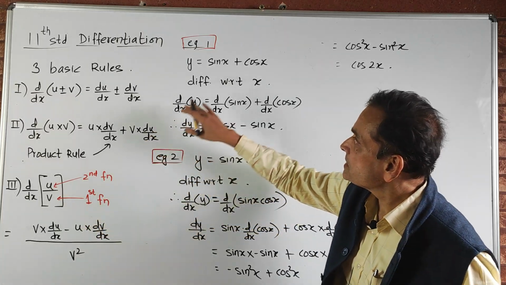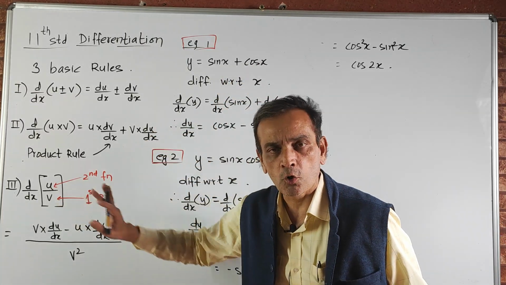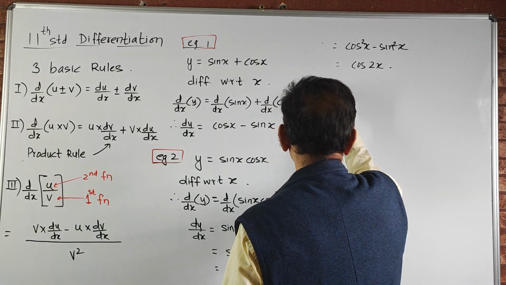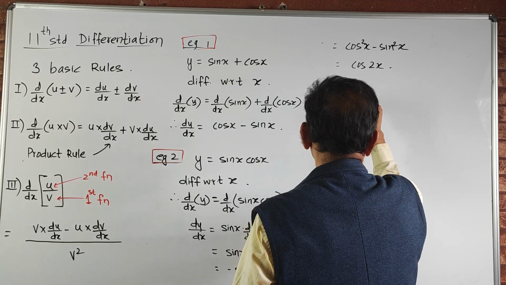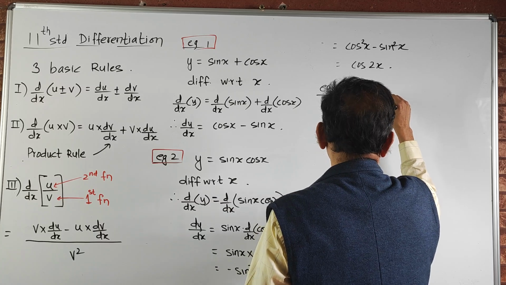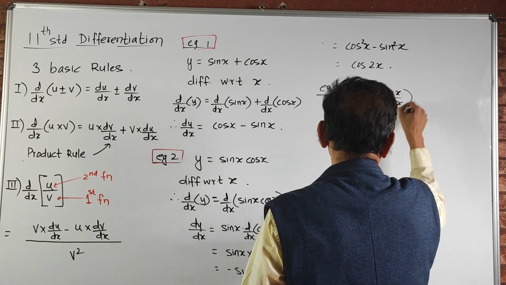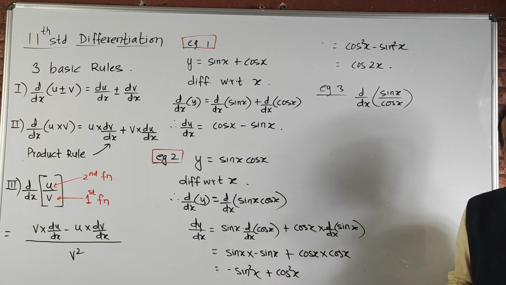Now for same sin x and cos x, we will take quotient rule. Okay, let us see. Example 3. Supposing if you get d by dx of sin x upon cos x.